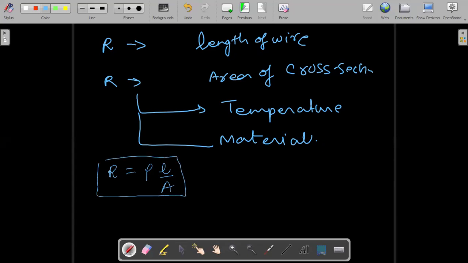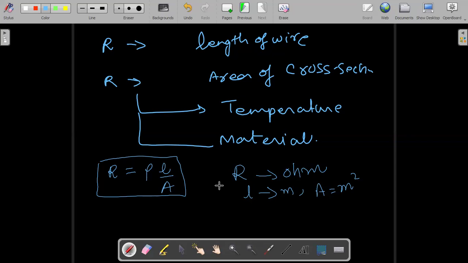Now, let us see the units. Our resistance R is measured in ohm, length is measured in meter, area will be measured in meter squared. So can anyone tell me what will be the units of resistivity? Yeah, what will be the units of resistivity?